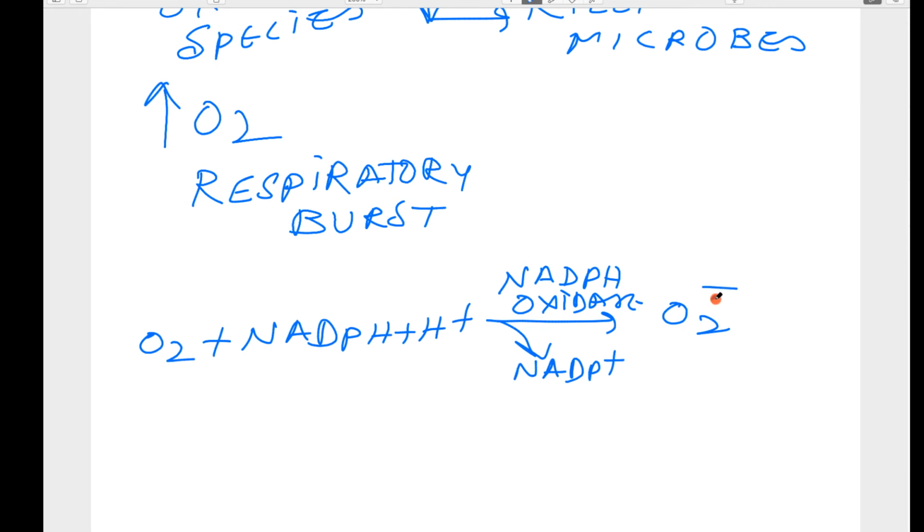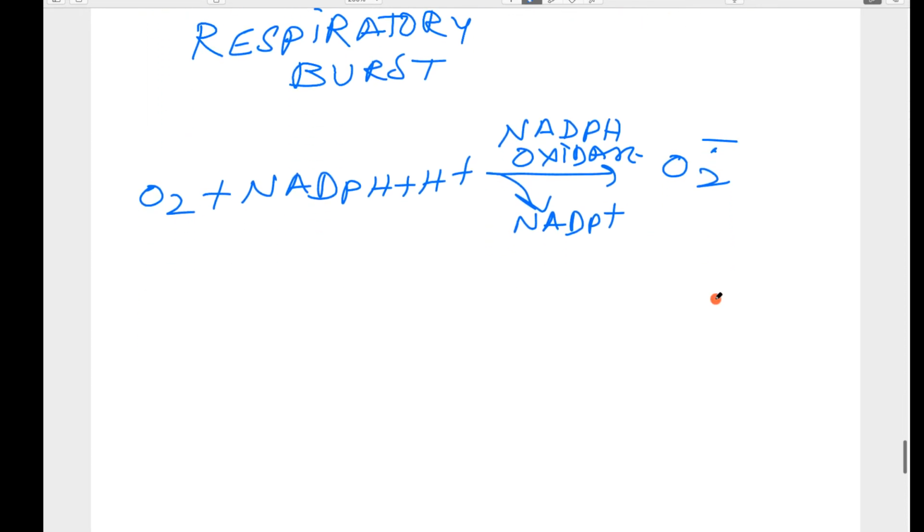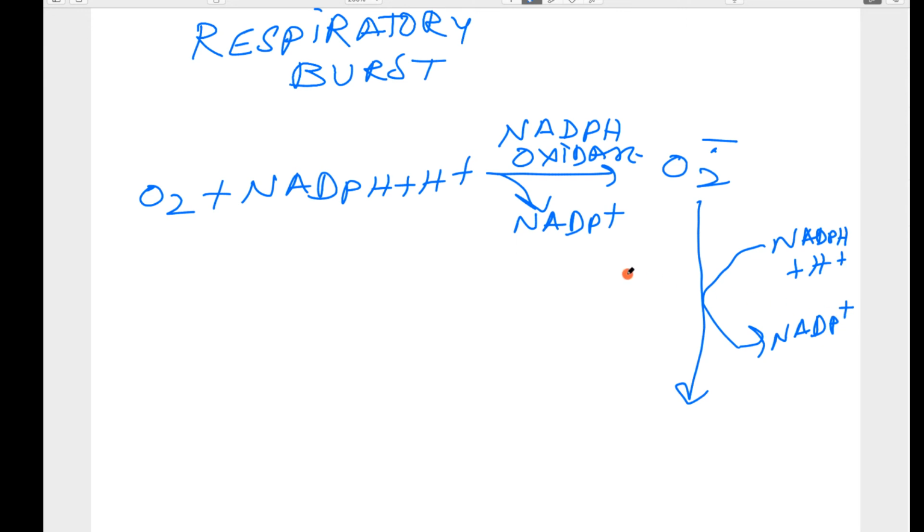Once the superoxide radical is produced, again NADPH plus H plus is used, converting to NADP plus. The enzyme is SOD, superoxide dismutase, which leads to formation of H2O2.